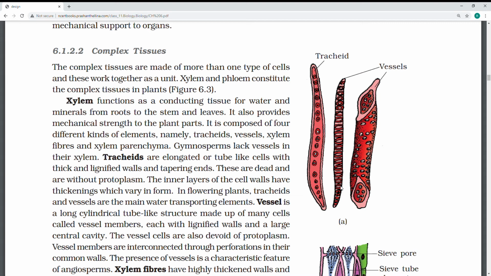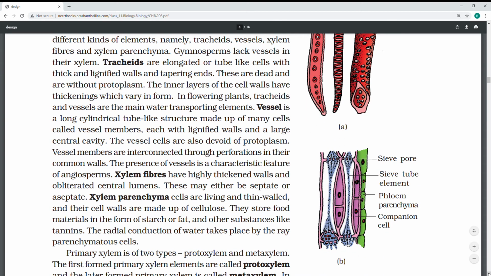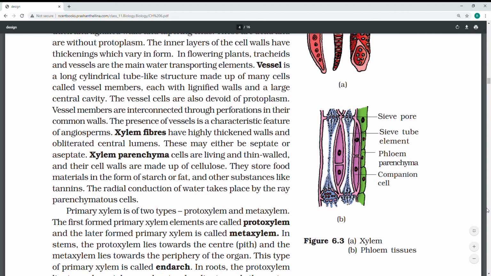So the xylem has parenchyma and sclerenchyma; see the diagram here. Now see the phloem tissues. The pore present here is the sieve pore, and the element from cell to cell is the sieve tube element.